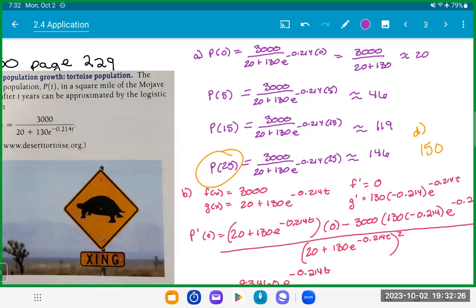If I changed it to 100, I get a little bit closer to 150. If I change it to 1,000, I'm really close to 150. I can't even distinguish really. And so I could put it as 1,000,000 and I still don't get any closer to 150 than what my calculator shows. So that tells me that my population limits or caps out at 150.